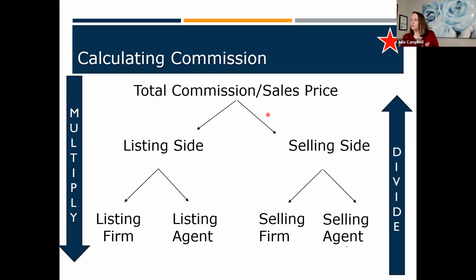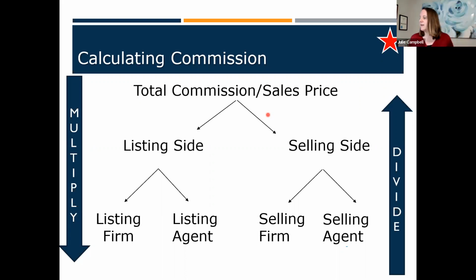You guys, please turn with me in your book to page 242. And 242 shows us a commission map in motion. So we start at the top there with our sales price of $189,000. This firm collects 6% commission.